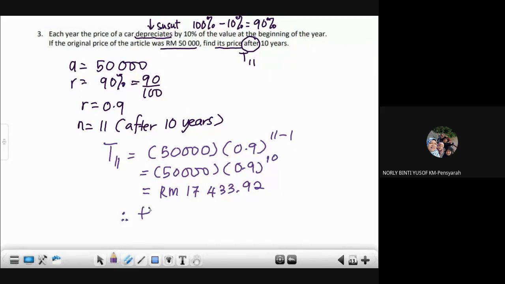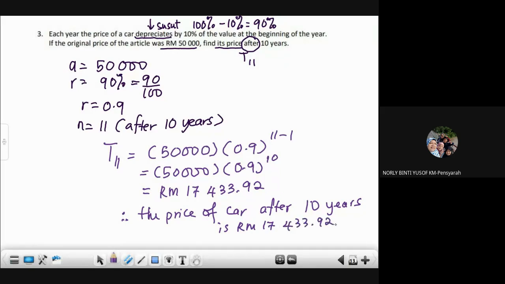Let's say the price of car after 10 years is 17433.92 sen.